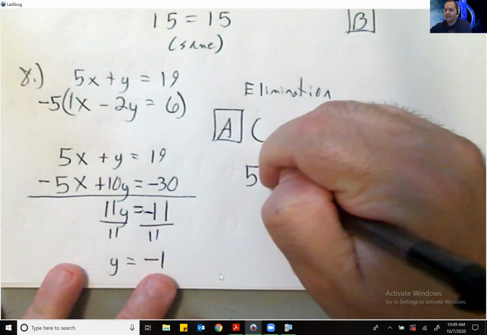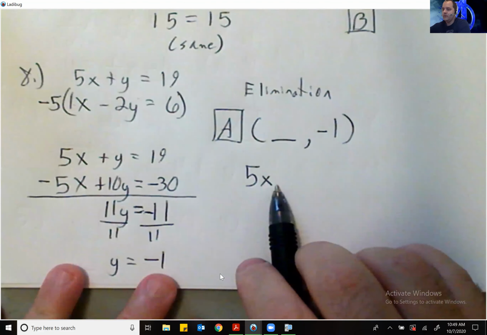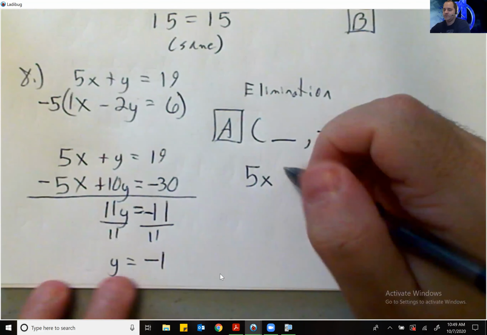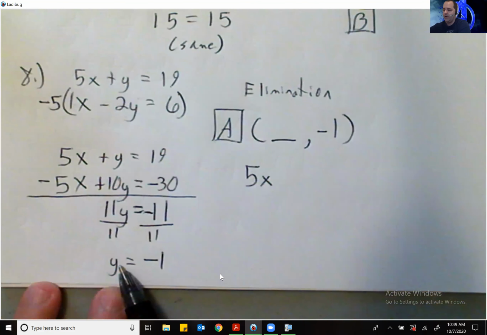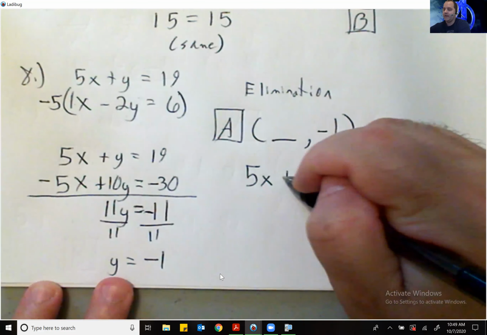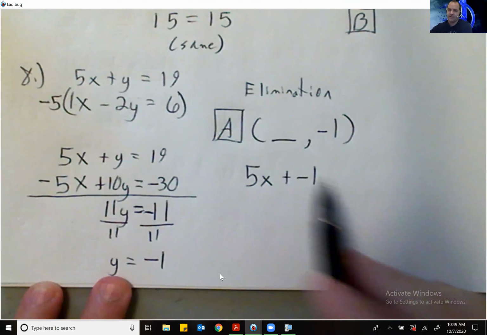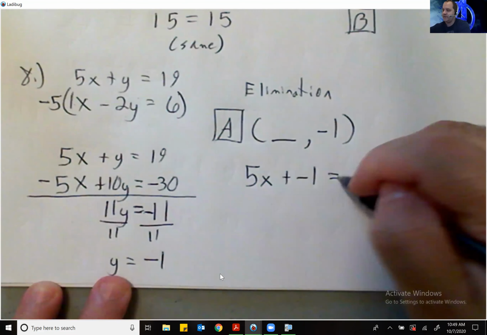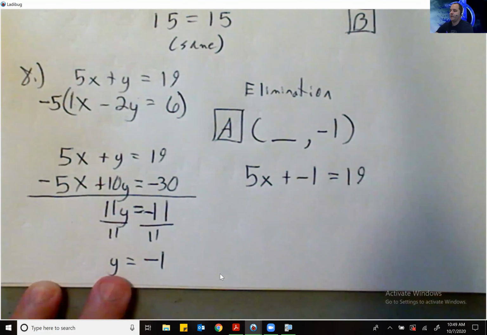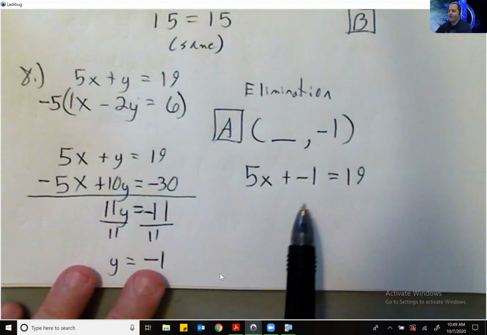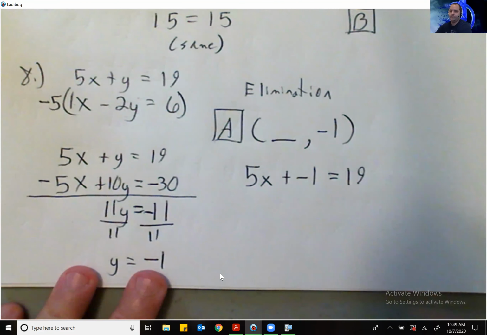So we got 5x plus my y. So my y value is negative 1. So plus a negative 1. Or if you want, you can just call this minus 1. It's the same thing. Equal to 19. All right. How do we solve this? How do I get rid of a negative 1? You add it.